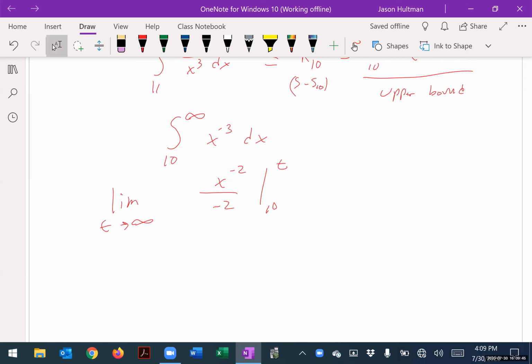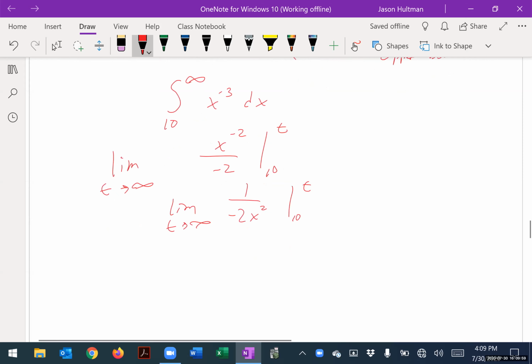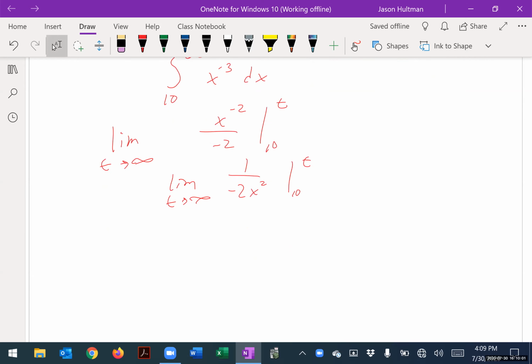So I'm going to rewrite this as the limit as t goes to infinity of 1 over negative 2x squared, from 10 to t. So this is the limit as t goes to infinity of 1 over negative 2t squared minus 1 over negative 2 times 10 squared.